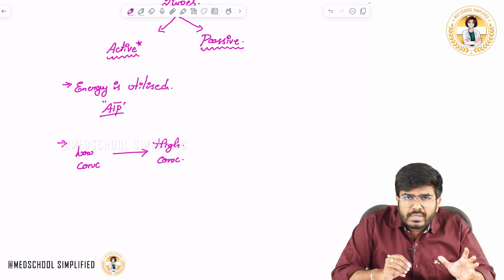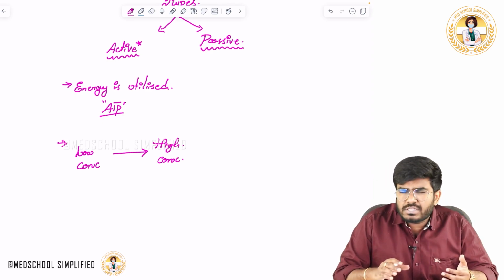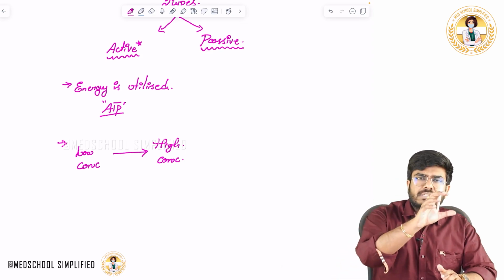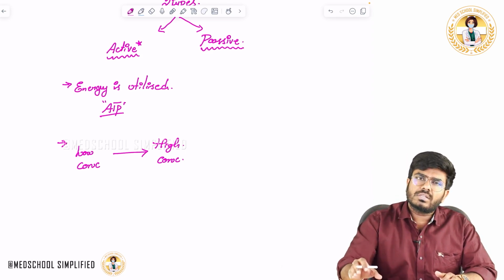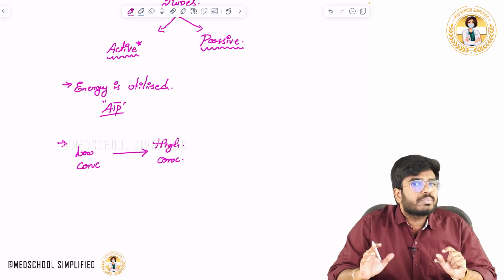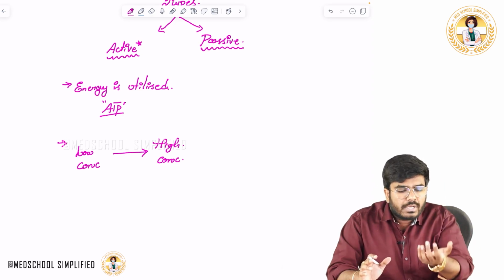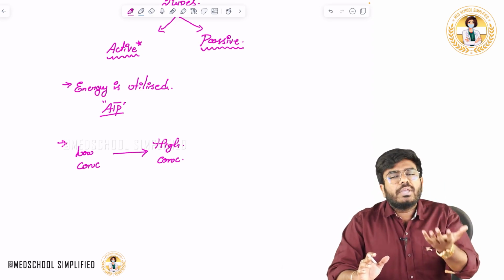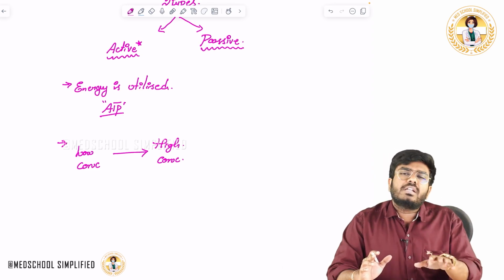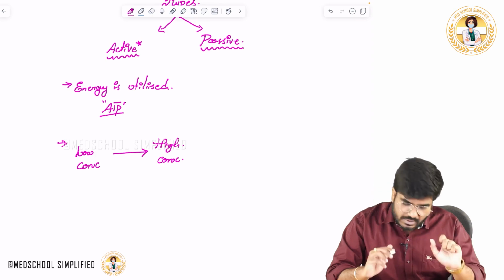Usually substances will automatically move according to the concentration gradient. We know that a substance will move from high concentration to low concentration just like that. But if you have to move a substance from low concentration to high concentration, you have to provide the energy. That kind of transport is called active transport.